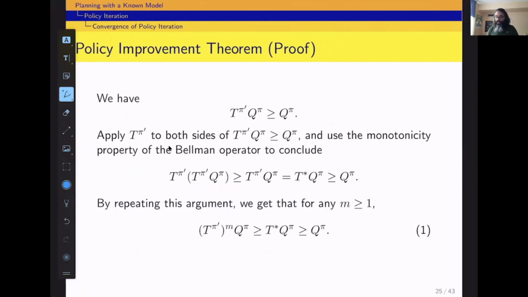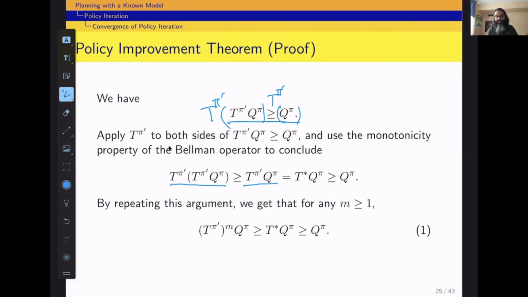Okay, so we have shown T pi of Q pi is greater or equal than Q pi. Now we apply T pi prime to both sides of this inequality, and use the monotonicity property of the Bellman operator to conclude that T pi prime of T pi prime Q pi is greater or equal than T pi prime Q pi.